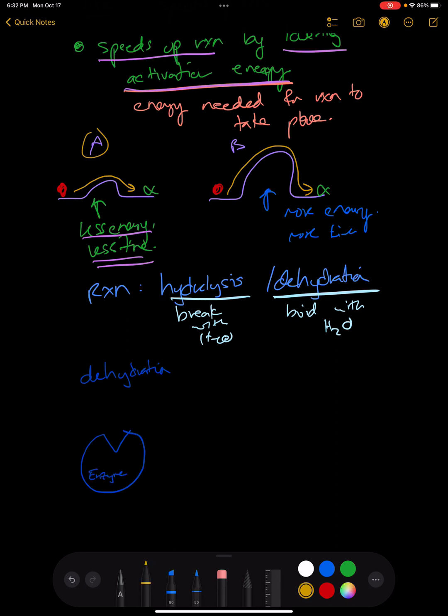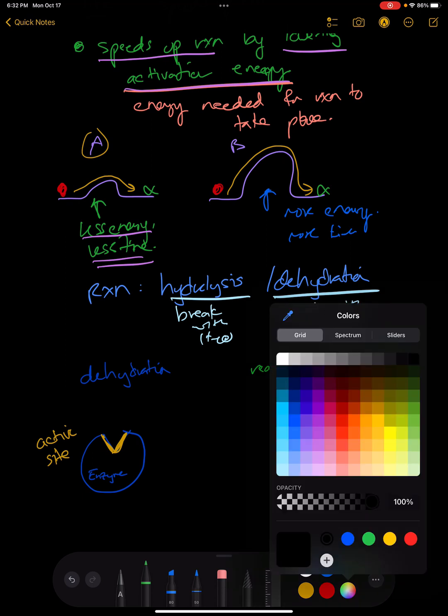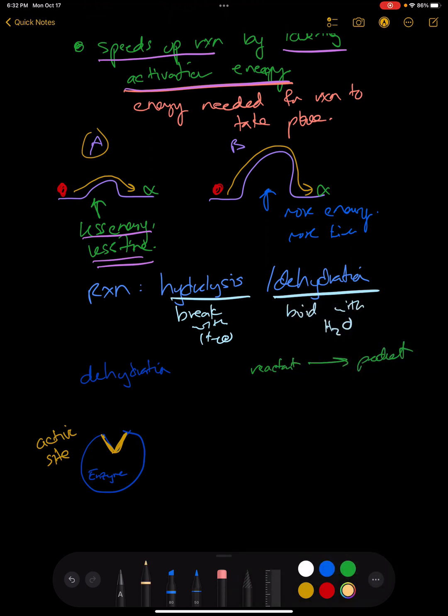And hopefully remember from whatever biology class we had last year, that right here, this is called my active site. And then whatever the reaction is, let's just think about a normal chemical reaction. So I have my reactants, and then I make a product, right? So these reactants actually have a special name now. Reactants are called substrates. Let's spell it out.